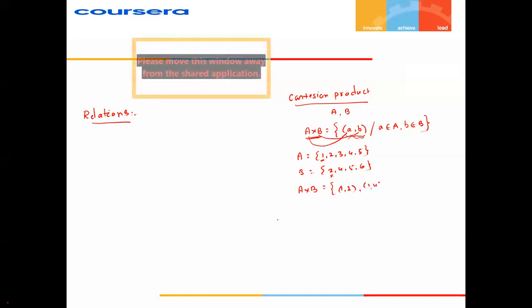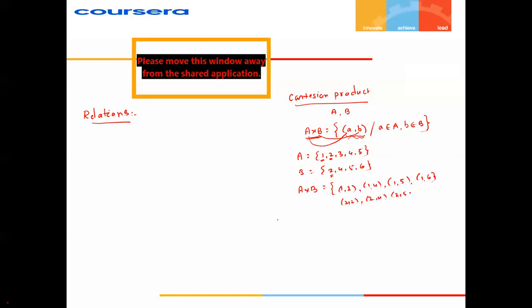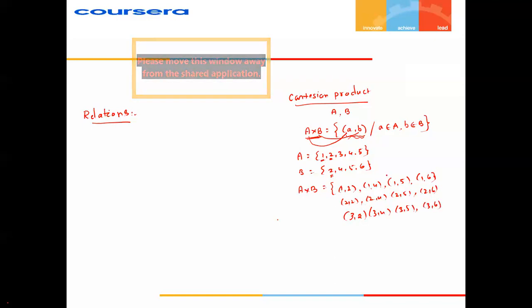Similarly 1, 4, 1, 5, 1, 6. Similarly with 2: 2, 2, 2, 4, 2, 5, 2, 6. Like this we can have 3, 2, 3, 4, 3, 5. This is nothing but the Cartesian product of set A and set B.